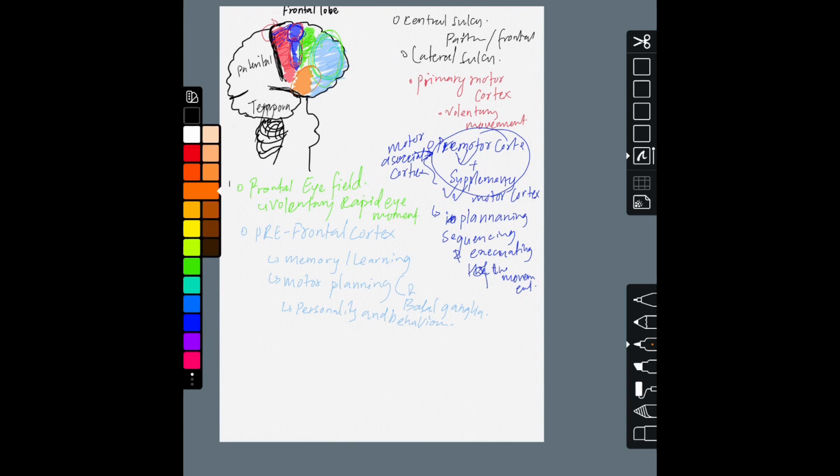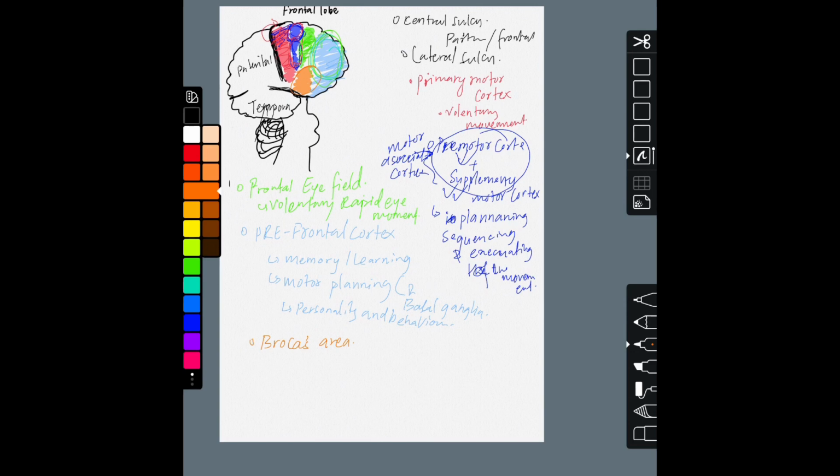So lastly, we have another area. This orange colored area is Broca's area. For this area, we need to understand that it is particularly found in the dominant hemisphere of the brain.